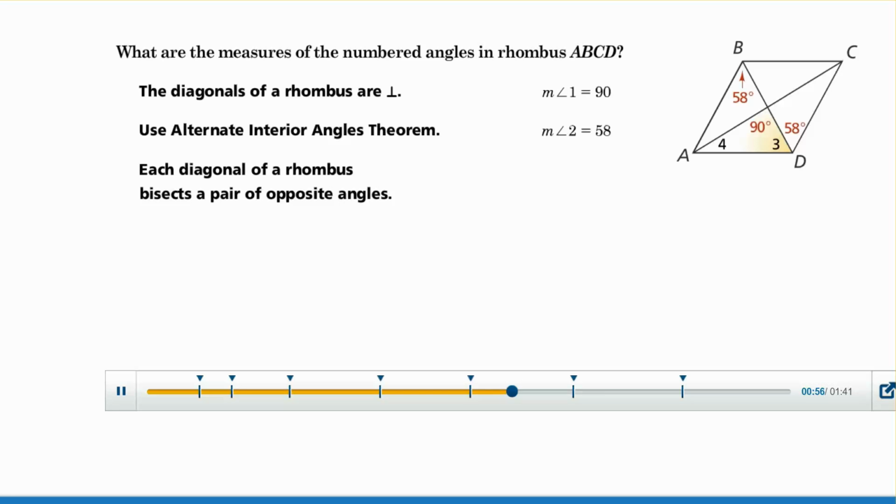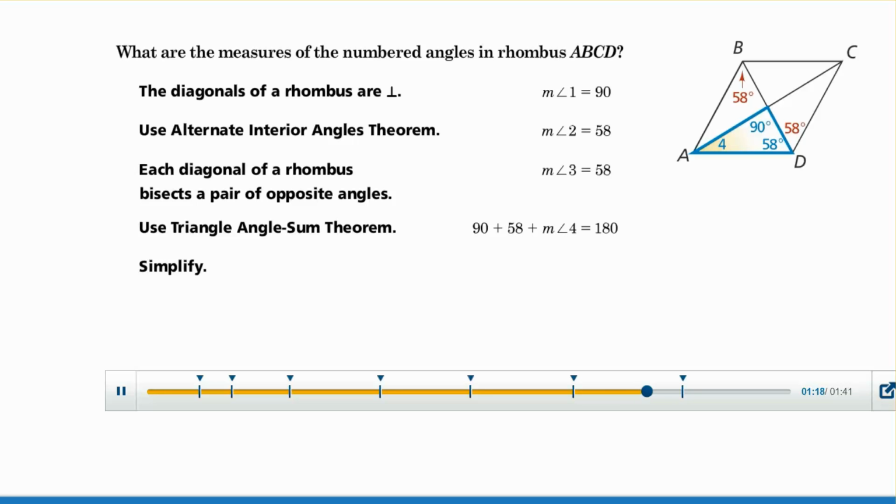Each diagonal of a rhombus bisects a pair of opposite angles. So the degree measure of angle 3 is also 58. Finally, use the triangle angle sum theorem. Now simplify to find the measure of angle 4.